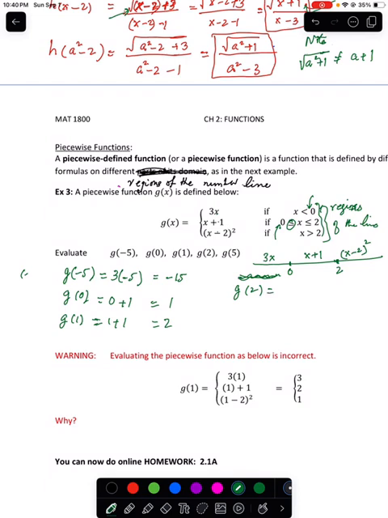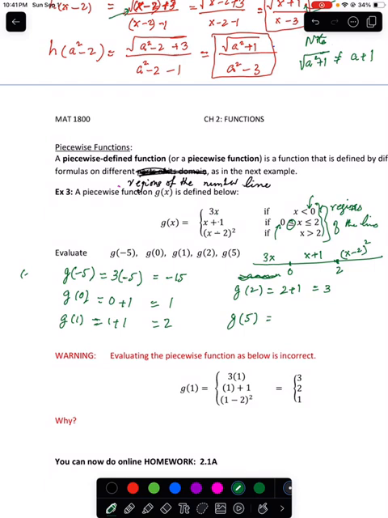The last one, g of 5. Remember, this is how we evaluate the piecewise function: the first thing you do is figure out in which region the x value lies, and then you have to pick the function accordingly.